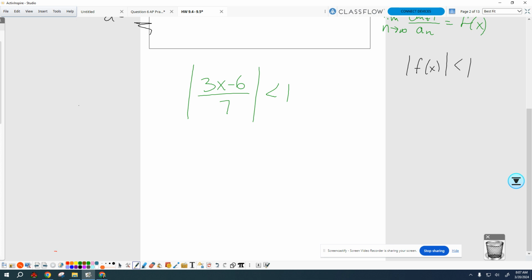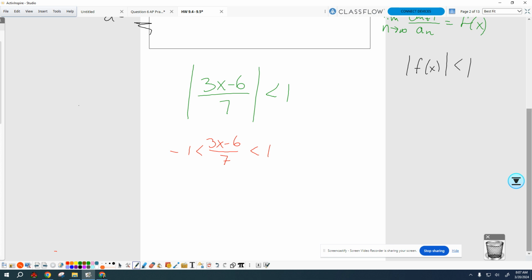Amber, what's the first step? You have to take away the absolute value bars and make it -1 less than, with the expression in the middle, less than 2. Okay, first step, -1 to 1.